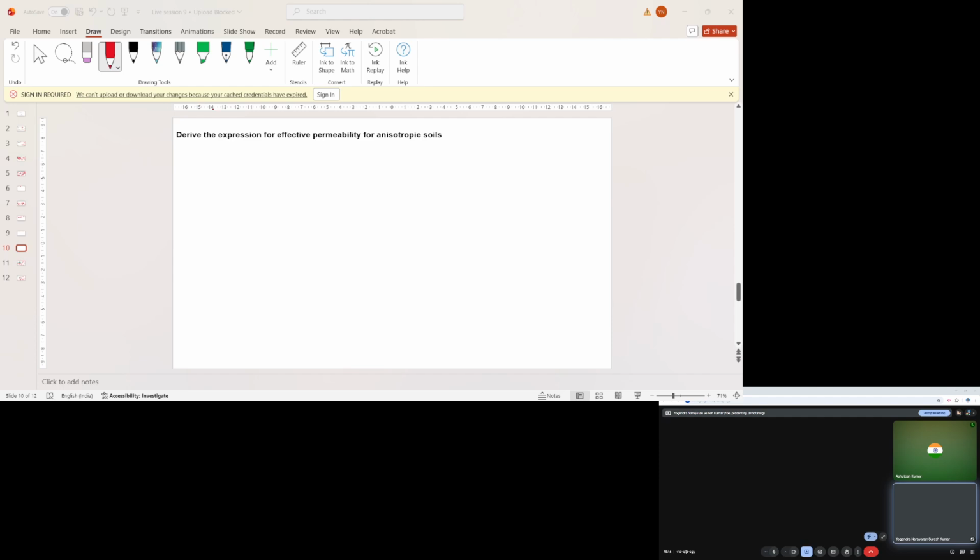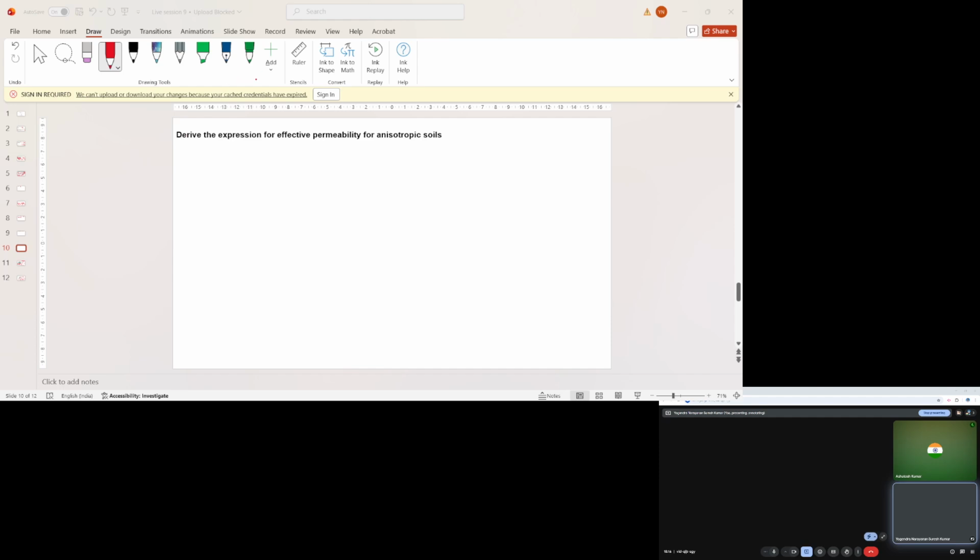Usually what we do is we change the dimension of this element. We define a new element, known as the effective element, of dimension dx dash, but the depth remains the same, dz, such that the permeability becomes Ke and Ke.